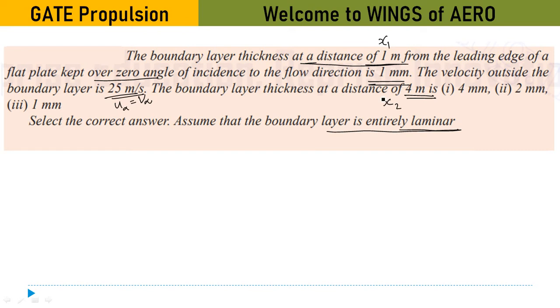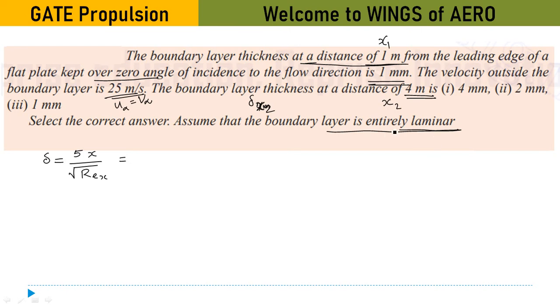Now I can further simplify this equation. What is the Reynolds number? We know that Re is v infinity x by nu. Now what are the variables here? Now this is del 1 equals 5x1 by root over of v infinity x1 by nu.